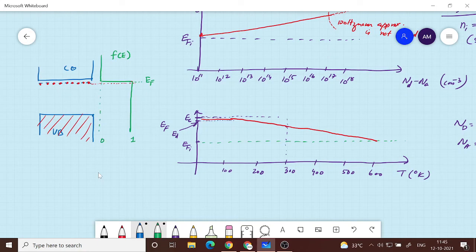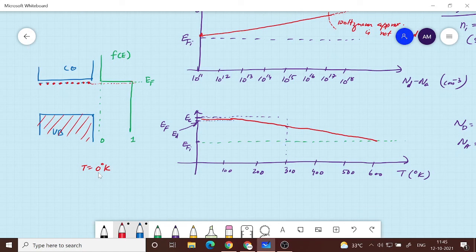If it has to be filled completely, then it should be 1 below ED, and for the conduction band to be completely empty, it should be 0 here. So the Fermi-Dirac function will be a step function for 0 degree Kelvin. So this is T equal to 0 Kelvin.